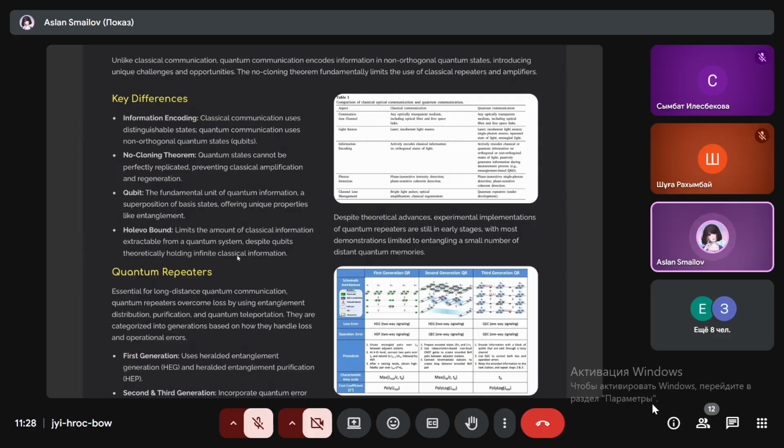And here is also information about quantum repeaters and the key differences. Let me read just the key differences. Information encoding: classical communication uses discrete states, quantum communication uses non-orthogonal quantum states.